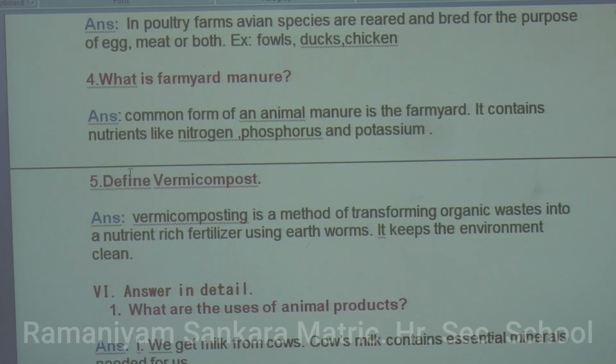Next, the fifth one: define vermicompost. What is vermicompost? Vermicomposting is a method of transforming organic waste into a nutrient rich fertilizer using earthworms.